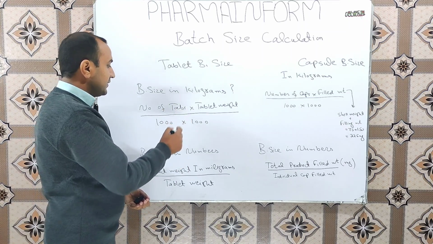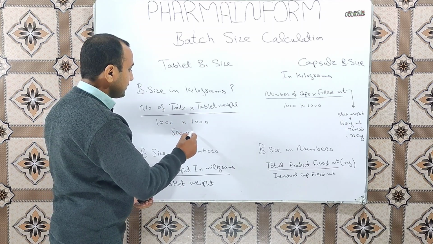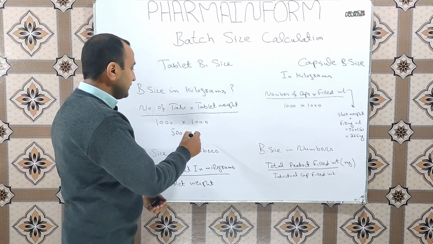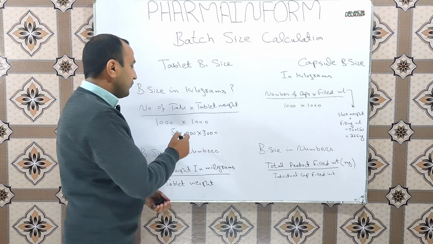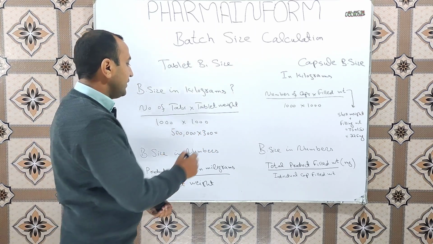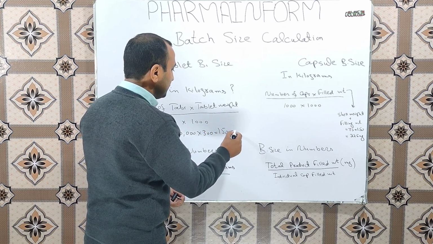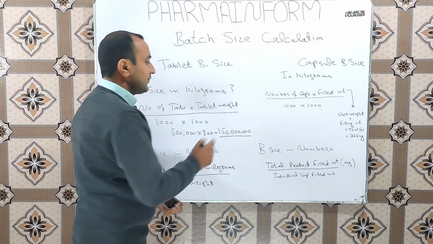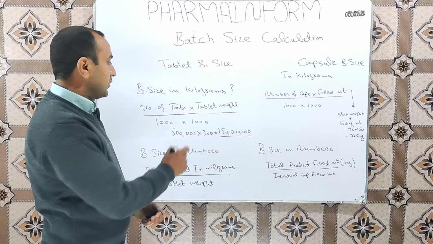As we discussed, the number of tablets is 5 lakh and our individual compression weight is 300 milligrams. When we multiply 5 lakh by 300, the answer is 150 into 3 and 3 zeros, and this weight is in milligrams. We will convert it into kilograms.